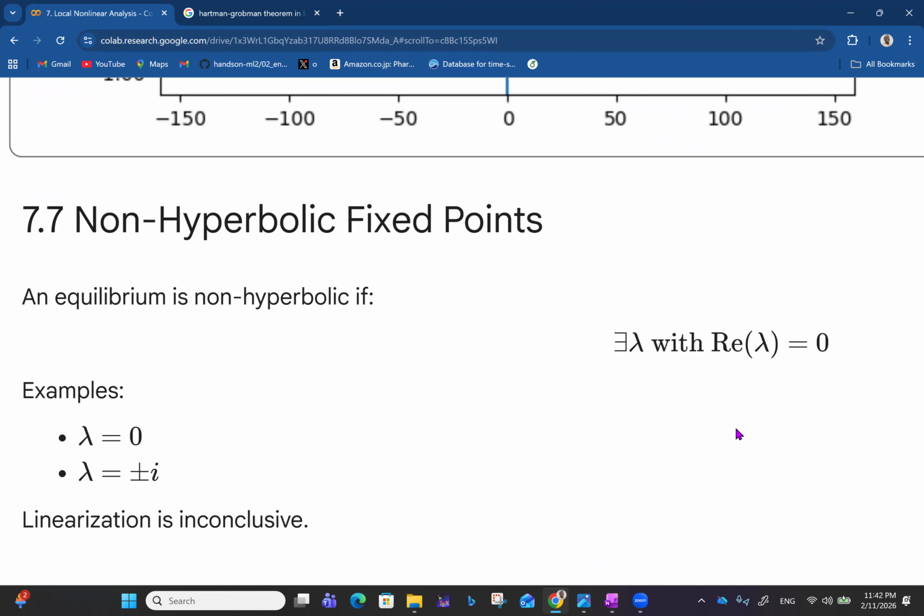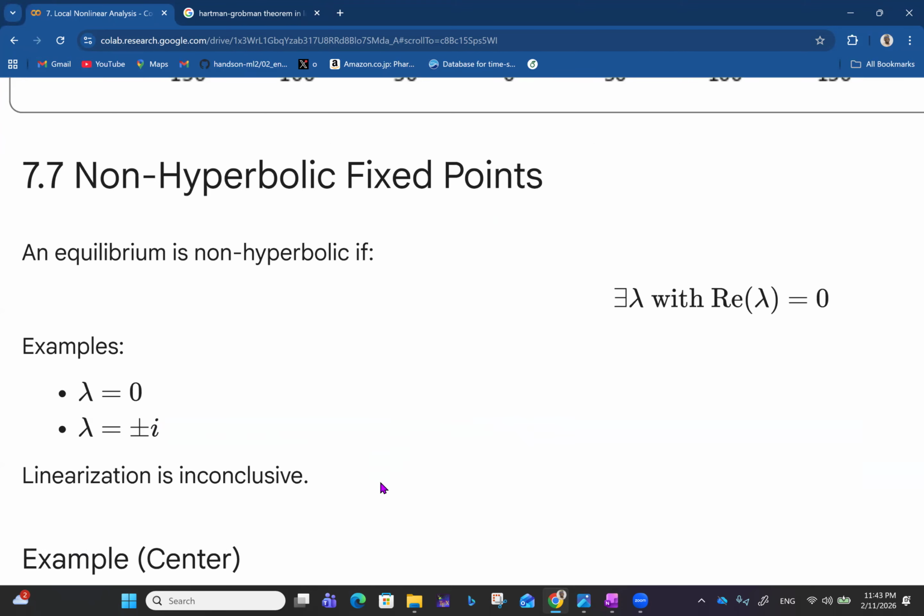So in that case, one of the eigenvalues tells you that you have a cycle around that point. So you cannot really say yes or no about stability or instability. It is inconclusive. So you have examples when lambda is 0, if you have an eigenvalue of 0, or you have an eigenvalue of plus or minus i, and you don't have any number coming before plus or minus i. So in this case, the linearization is inconclusive, and the equilibrium is said to be non-hyperbolic.